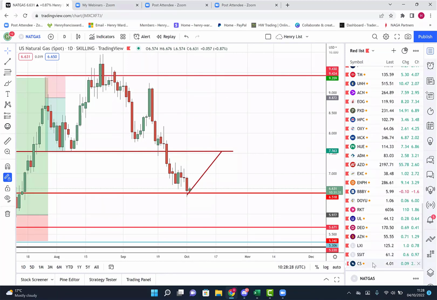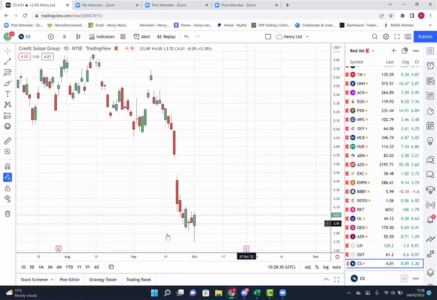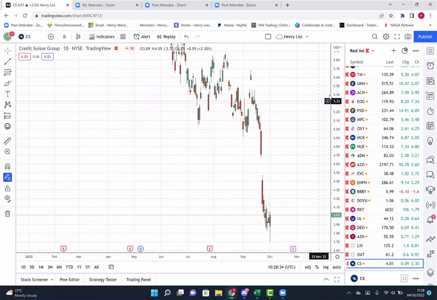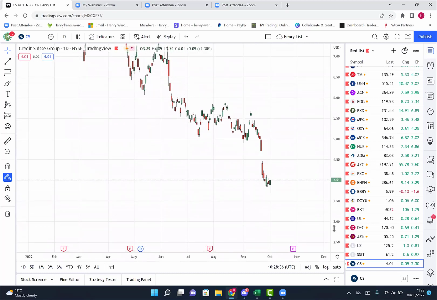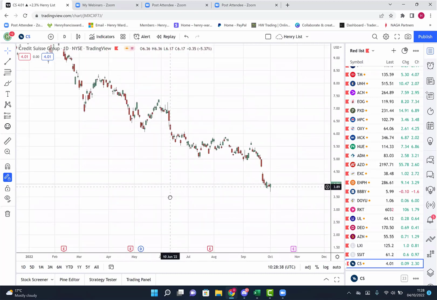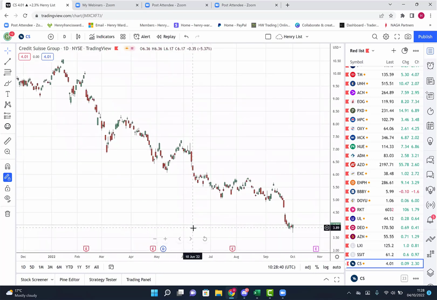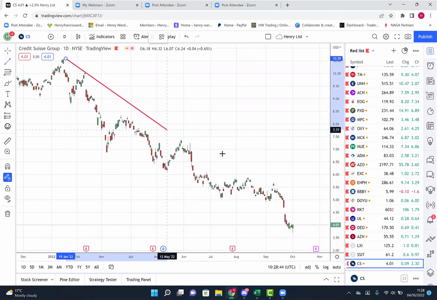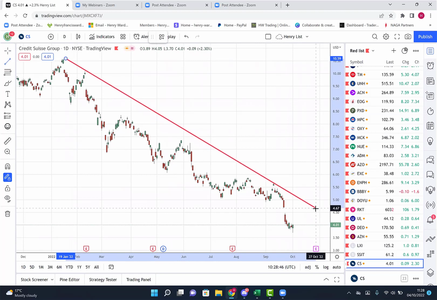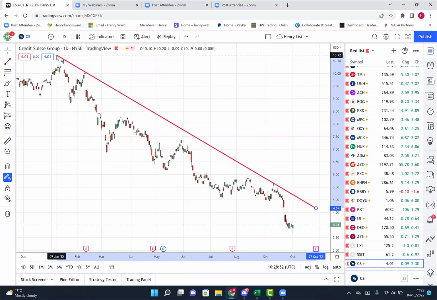Something I want to bring your attention to quite quickly is Credit Suisse. I don't know whether any of you guys have been watching the markets or looking into Credit Suisse, but Credit Suisse has had a really rough time of it. And there is a huge probability of it having credit default swaps.